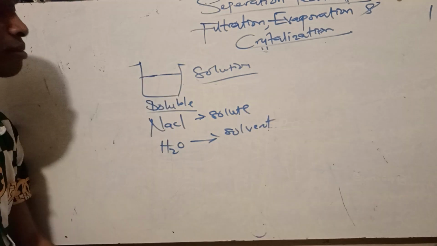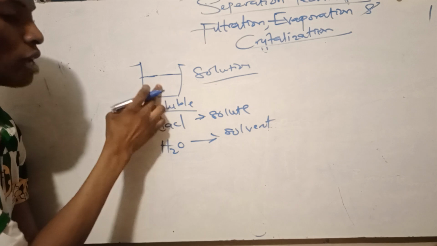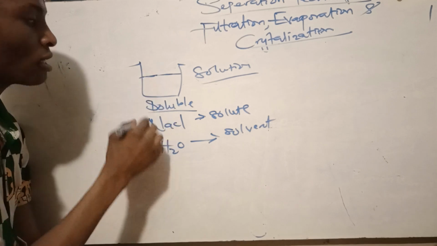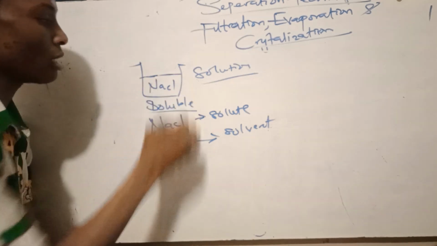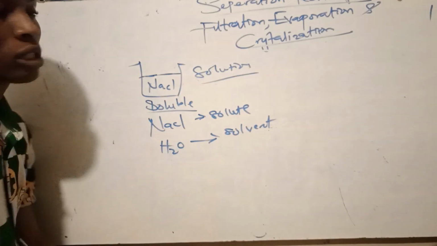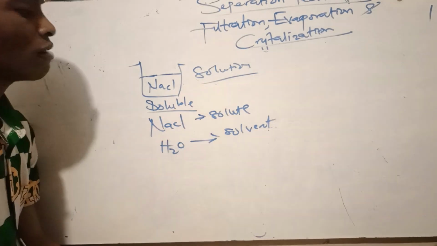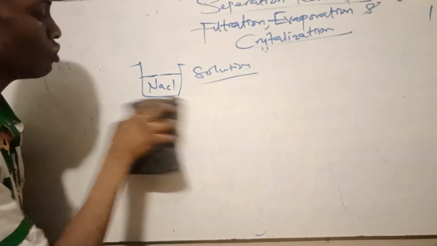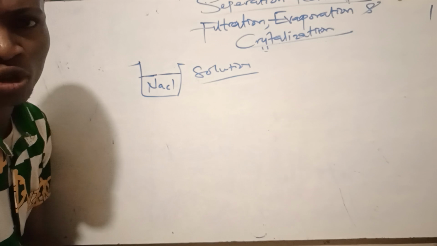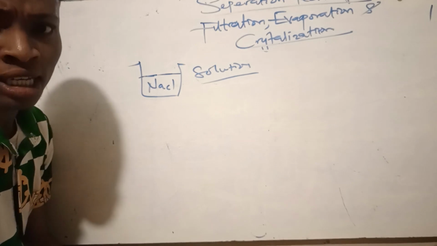Let's say we have a solute dissolved in a solvent. In this case, we have NaCl. We call it a solution, a salt solution to be more specific. In this kind of solution, this is basically a mixture. Which kind of mixture is this?